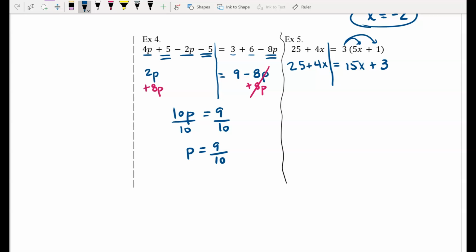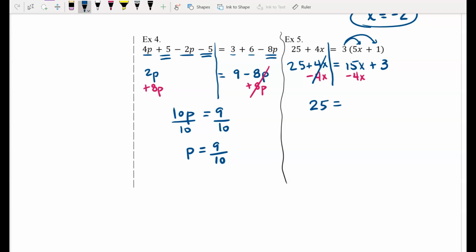And a lot of times the question is, well, do I move my x's or do I move my numbers? And it really doesn't matter. It's up to you. So what I'm going to do here is subtract 4x from both sides. This is going to zero out my x's on the left side and leave a 25.